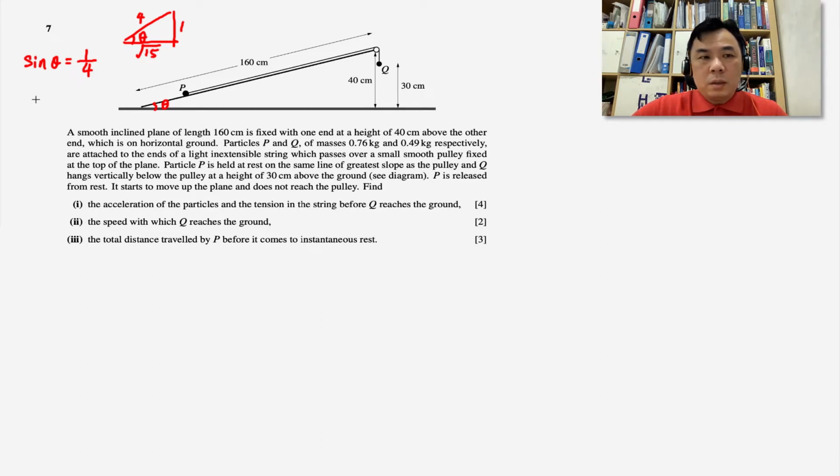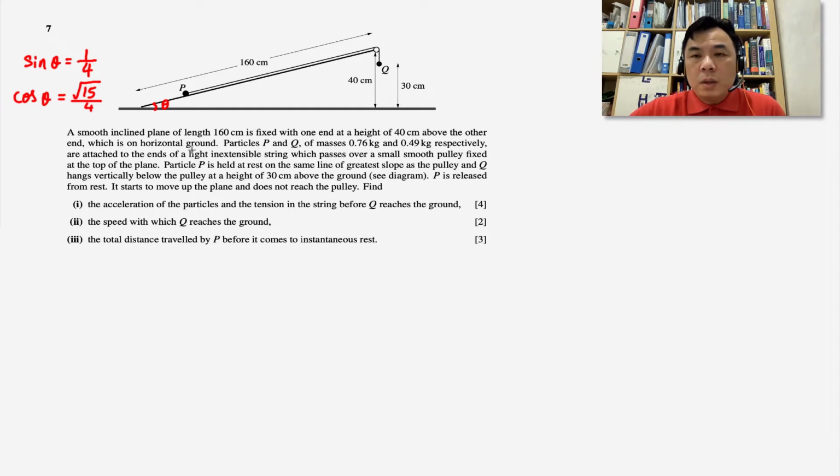That's the reason why cosine theta is equal to root 15 over 4. Or indirectly, you can also get your tangent if you need it. I hope that is clear. That is the first geometrical information that you can get from the diagram. So always try your best to obtain any geometrical information you can from the diagram itself.